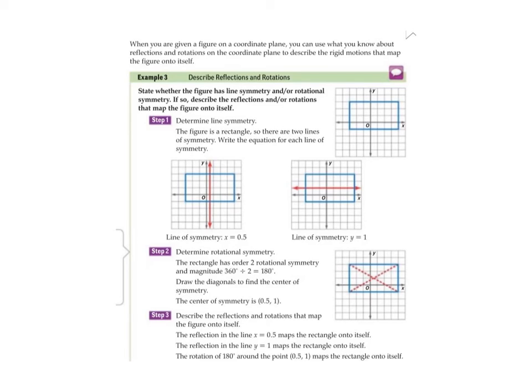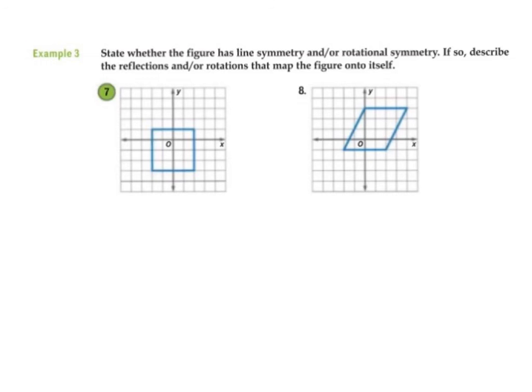Then all you've got to do is go half distance on each of the lengths to find your line symmetry, and also to tell me what the line is. So the first one is x equals a half, or 0.5, and the second is y equals 1. And when you do the diagonals, there's your point, the 0.5 and the 1 from your x and y, which is your center of symmetry.